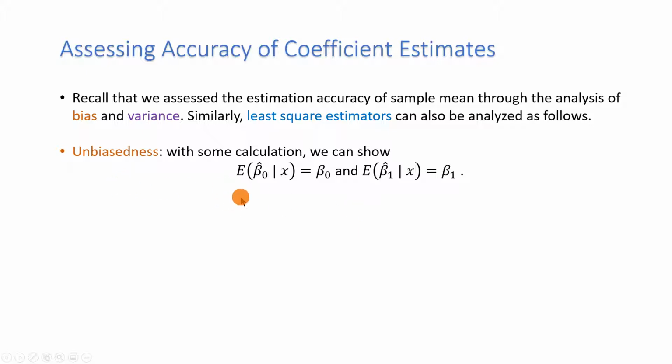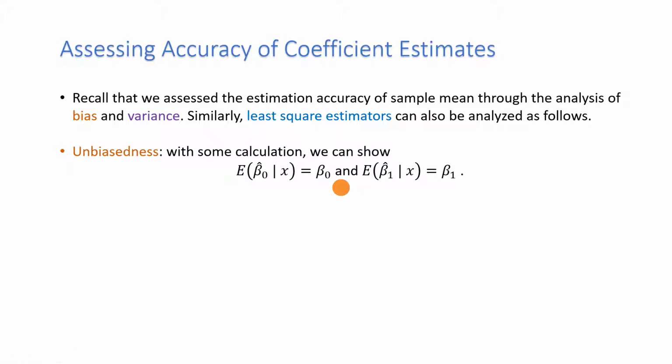Unbiasedness simply means that if you calculate the conditional expectation of beta 0 hat given this random sample x, you will find it equals the true parameter beta 0. And for the slope estimator, the conditional expectation of beta 1 hat given the sample x equals the truth beta 1. This is a very nice property, which means your estimates are aiming at the true target.